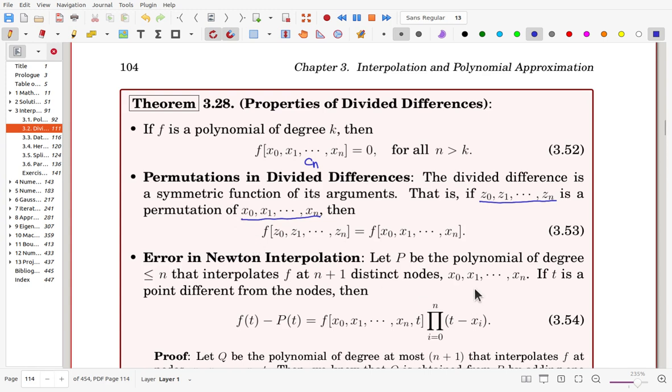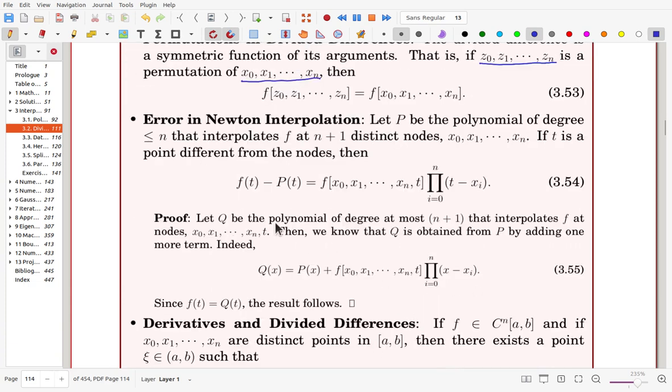Now, error in Newton interpolation. Here P is the polynomial of degree n interpolating f at n plus 1 distinct points, x0 to xn. If t is a point that is not a nodal point, then at the point t the error can be given in this way: this divided difference times the product of t minus xi.